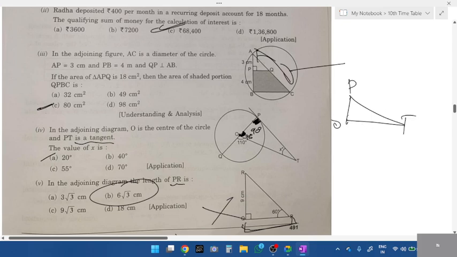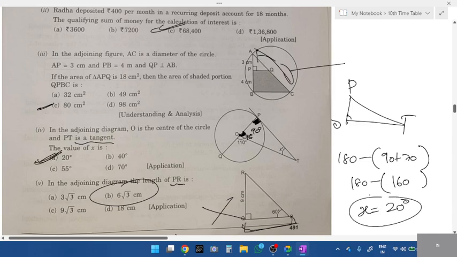What's the answer for X? 180 minus, which two do you have to add? 90 plus 70. What is 90 plus 70? 160. So what's the answer, students? X is equal to 20 degrees. Isn't it easy to solve?